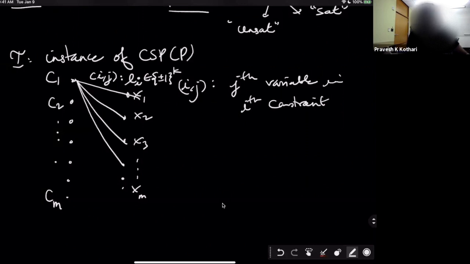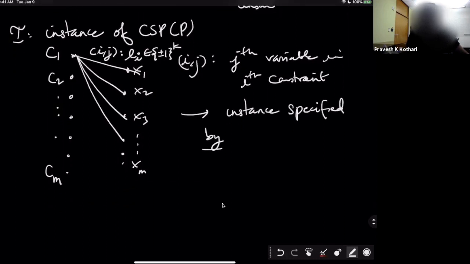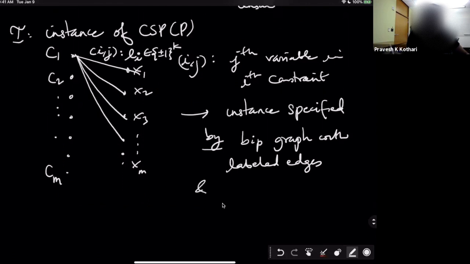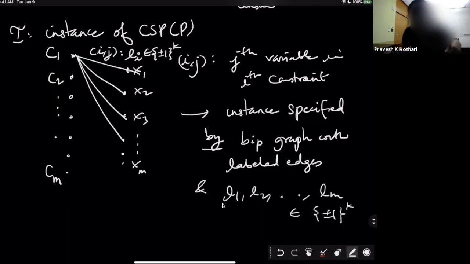The CSP instance is specified by this bipartite graph with labeled edges and literal patterns L_1, L_2, up to L_m, one for each constraint. Each of them lives in plus or minus 1 to the k. Good. So now what does it mean?